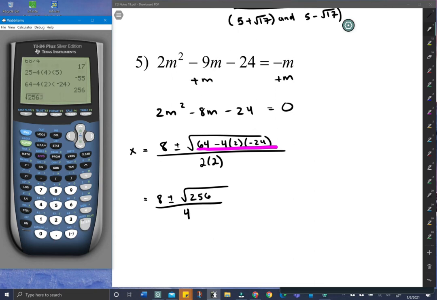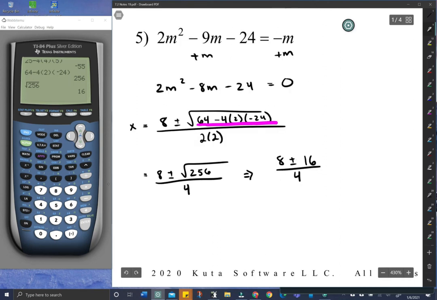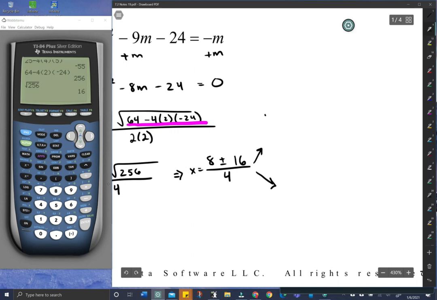And again, since that's not a radical or imaginary, we can keep going. I would recommend, again, just breaking it up first. 8 plus 16 over 4 and 8 minus 16 over 4.